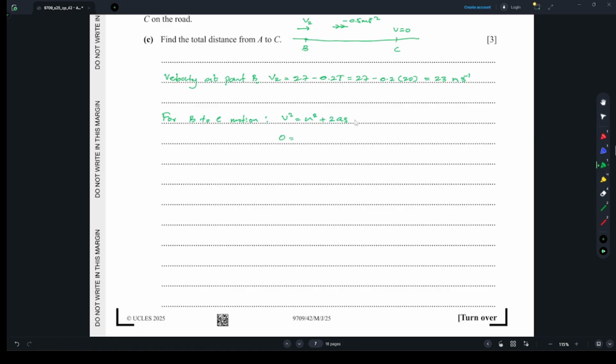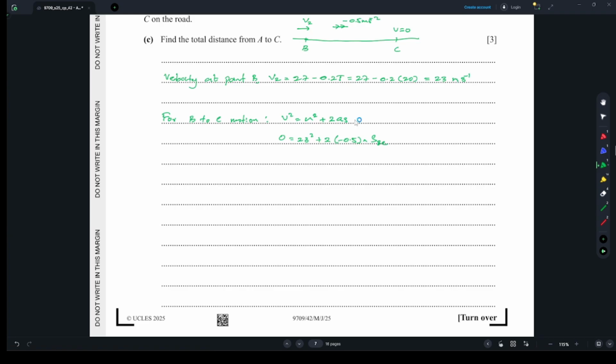So final velocity 0, initial is 23 square, and we have a deceleration, so we can plus times minus 0.5 times s, let's say BC.